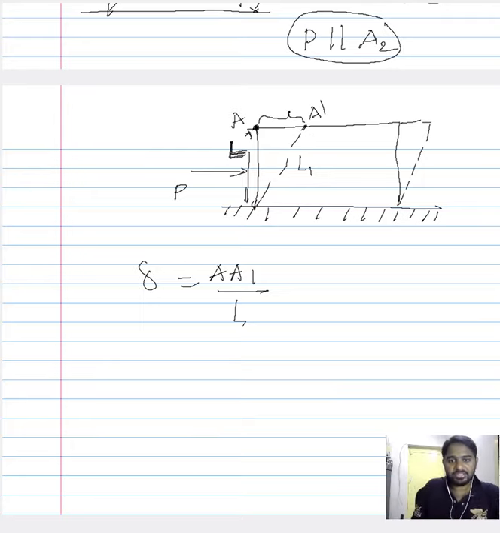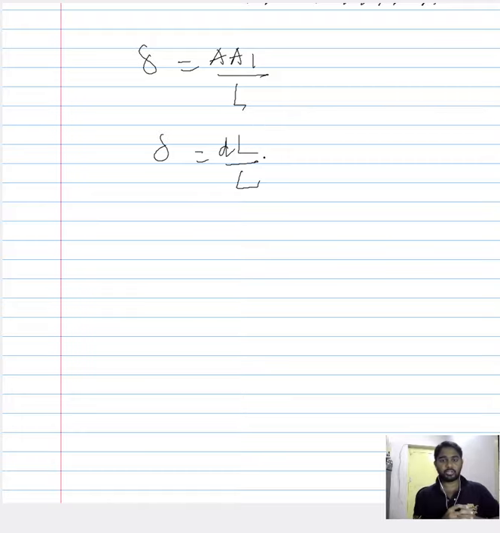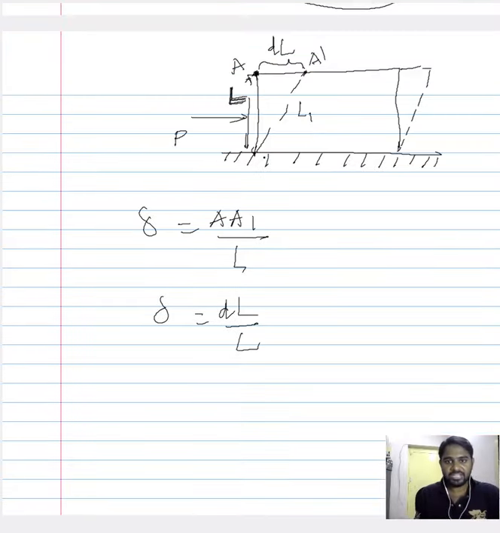If we call this shift in position dl, like what we have considered in the actual strain case, then this delta, that is the shear strain, is dl by L. And this dl is not L0 minus L, so it's not just the change in the longitudinal length, but this dl is the shift in the corner of a regular square-like sample.